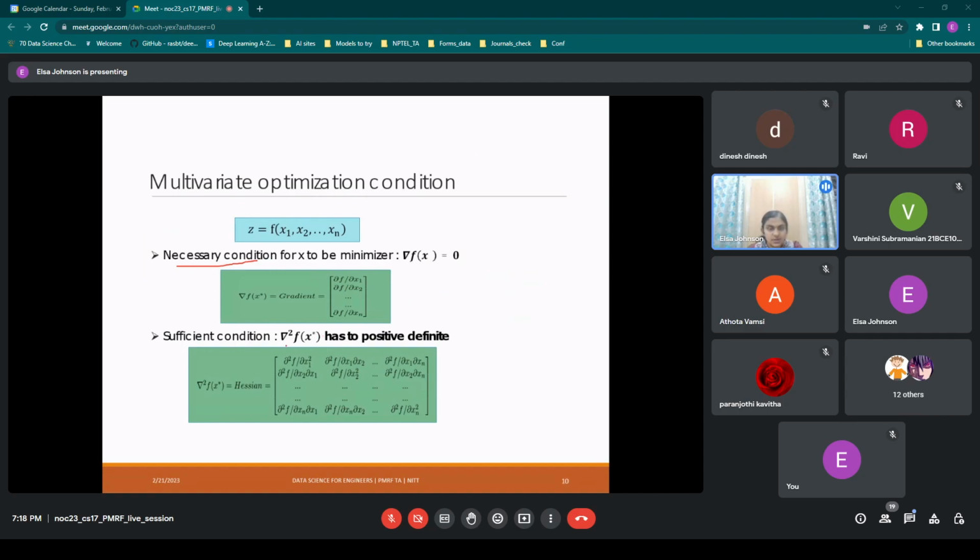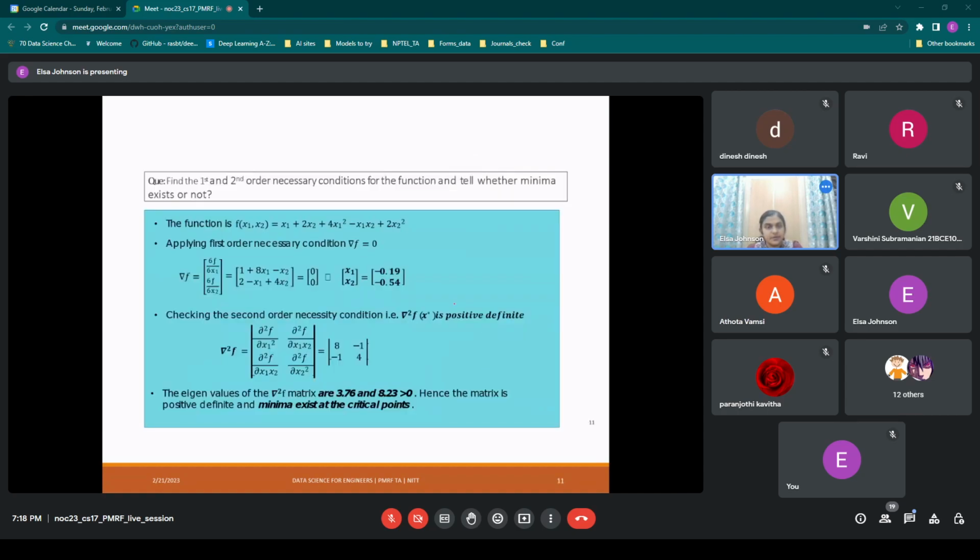Now, the sufficient condition is that the Hessian matrix has to be positive definite, meaning the values you'll be getting there are all positive. We'll see this in an example.